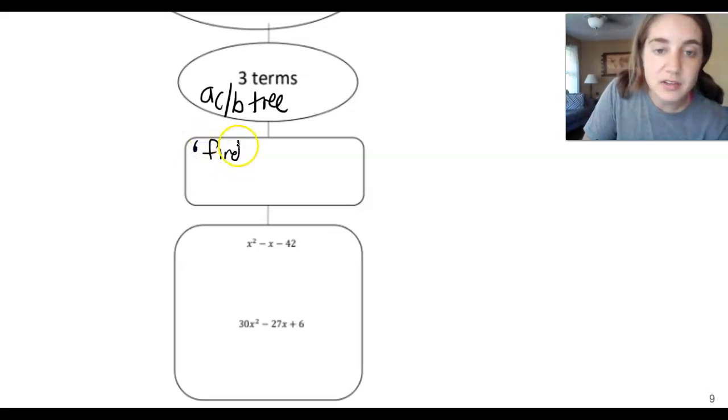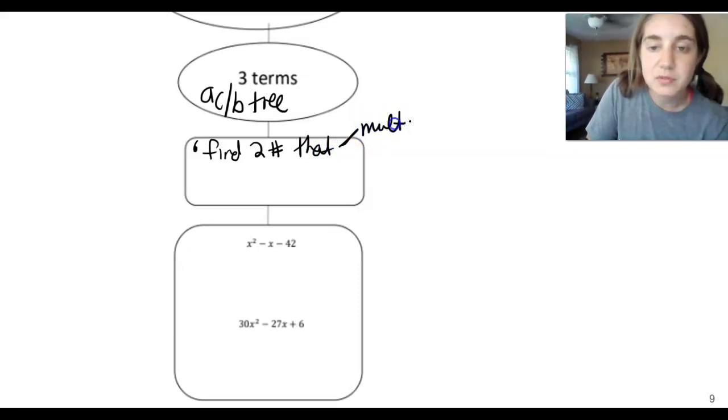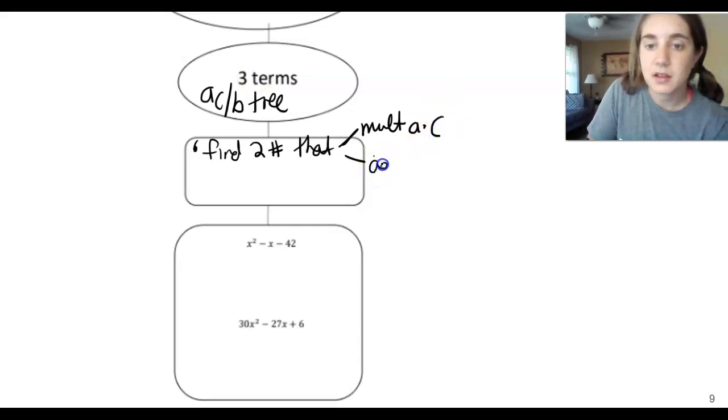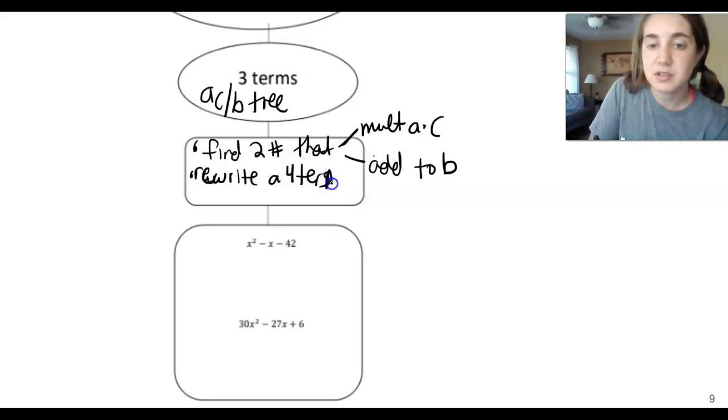So find 2 numbers that multiply to A times C, sorry, add to B. And then we rewrite as 4 terms. And then we did grouping.